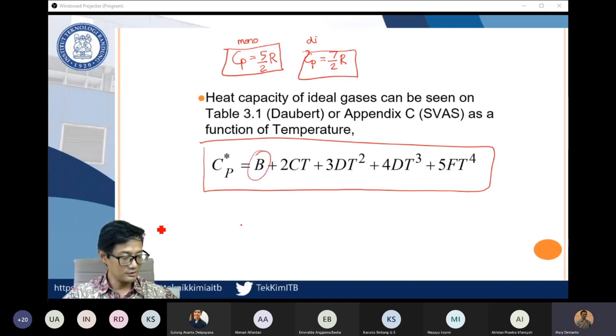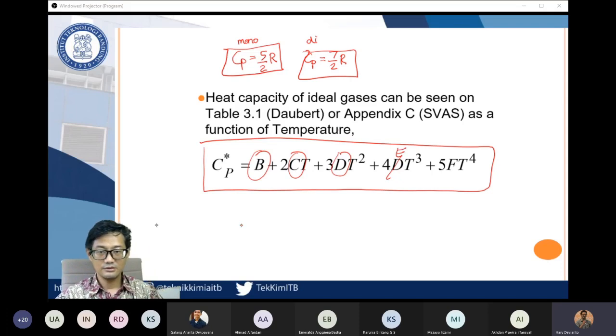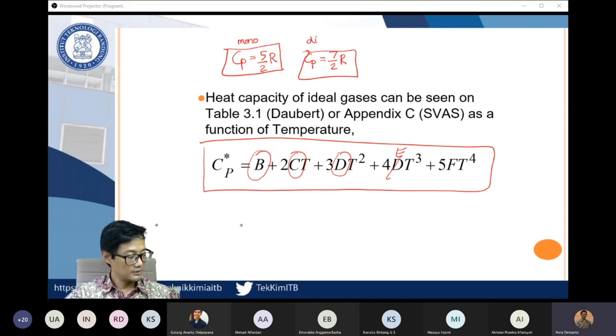It means the values of B, C, D, E and F are all different, depending on the component. Later when Pak Sanggoro explains how to read the table, you will understand these values as well.